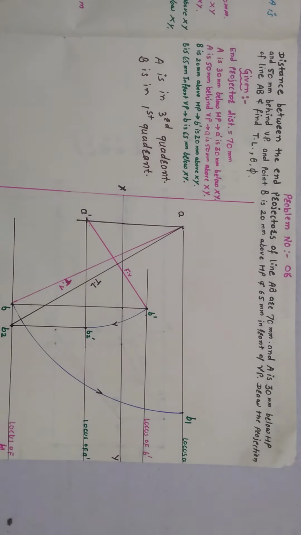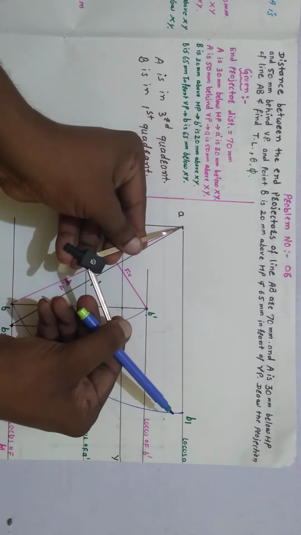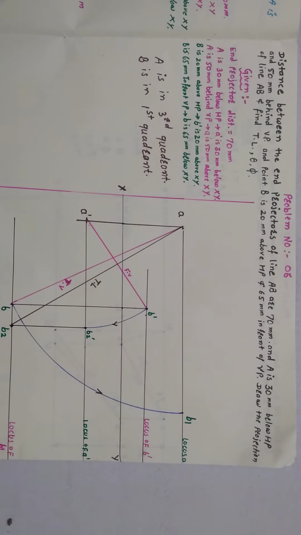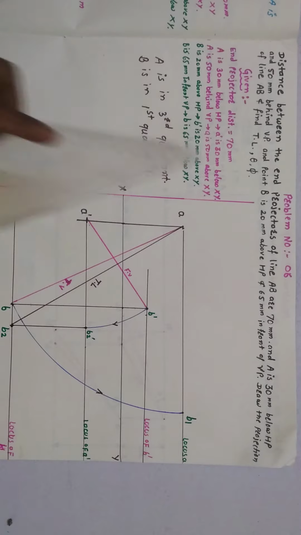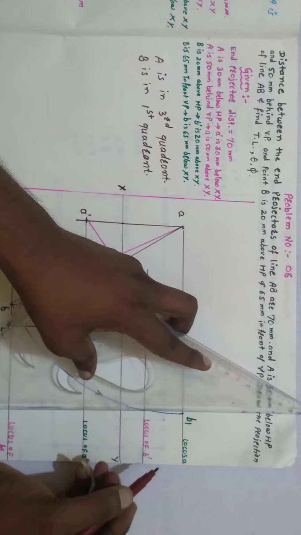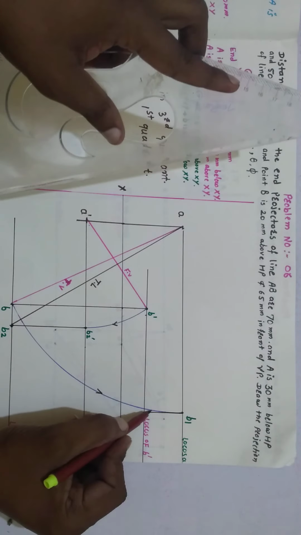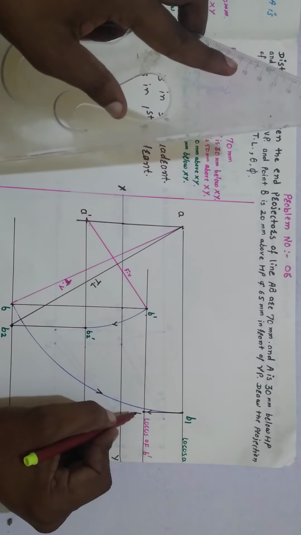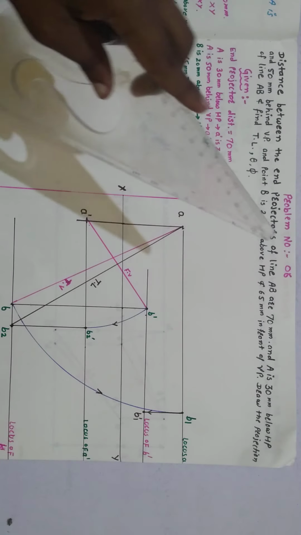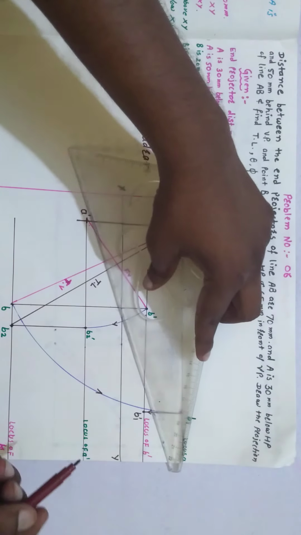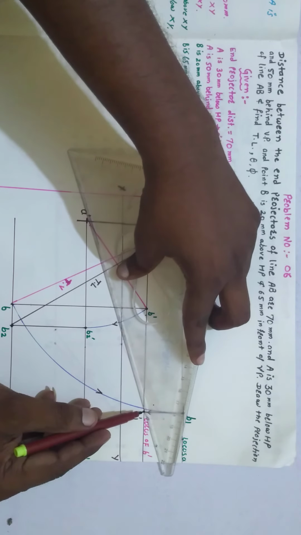Now from point B1 draw one straight line which cuts the locus of B dash. This is your point B1 dash. Join A dash and B1 dash.